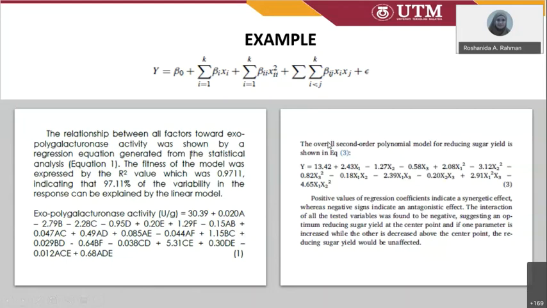And the second example is the polynomial model. You can see here we have quadratic terms as well as quadratic term interactions. It could be a longer equation if you have many factors, if you have many interactions.